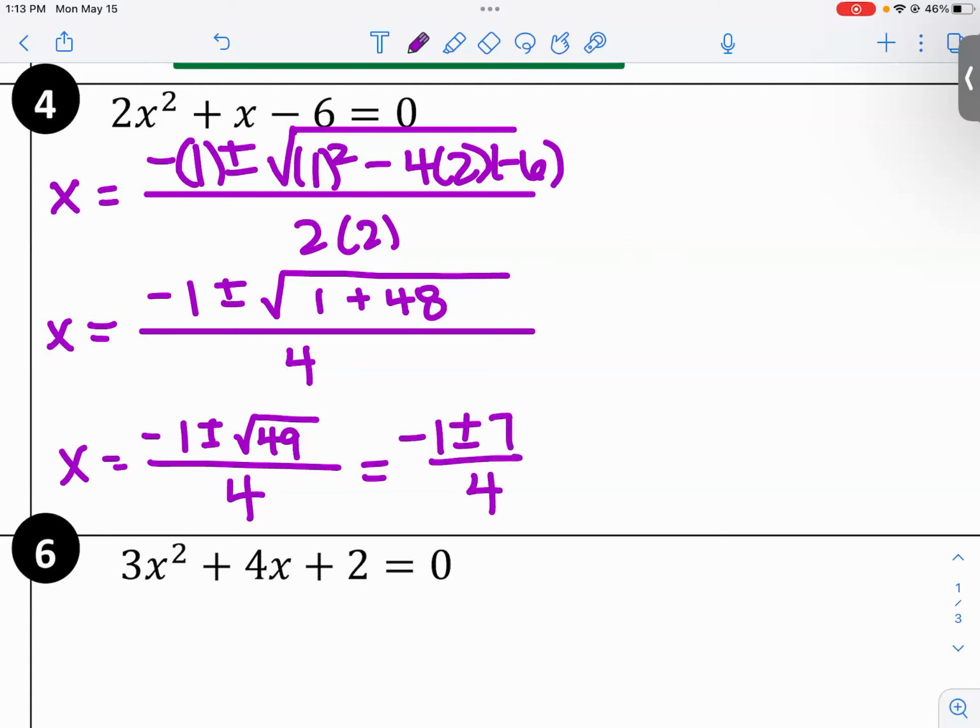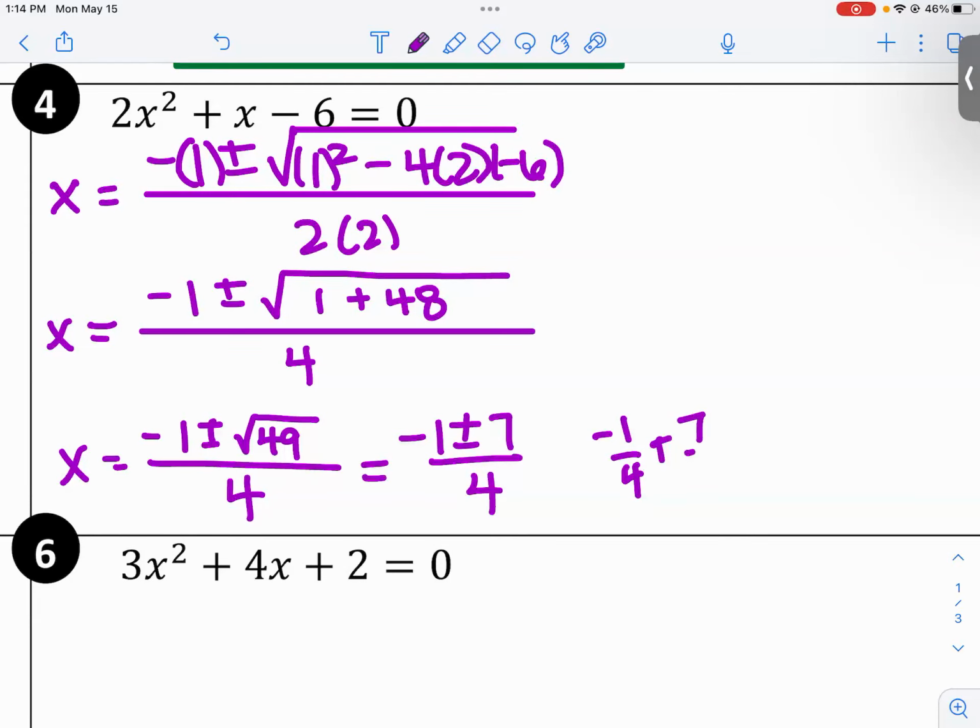What this means, since I can take that square root and make it into an integer, is we could have factored this.